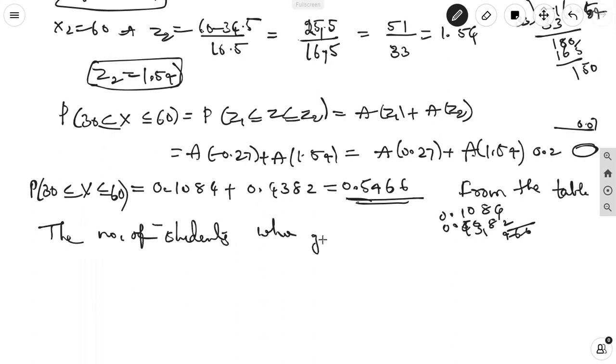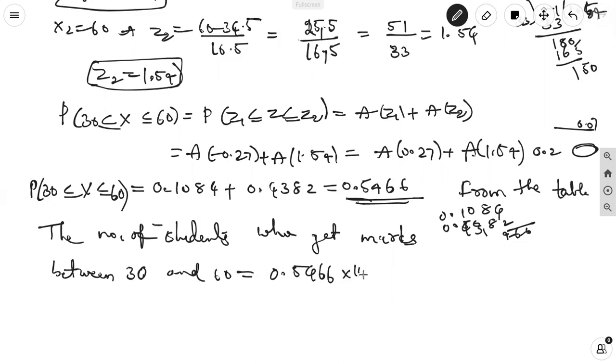who get marks between 30 and 60 is equal to 0.5466 into 1000 is equal to 546.6.